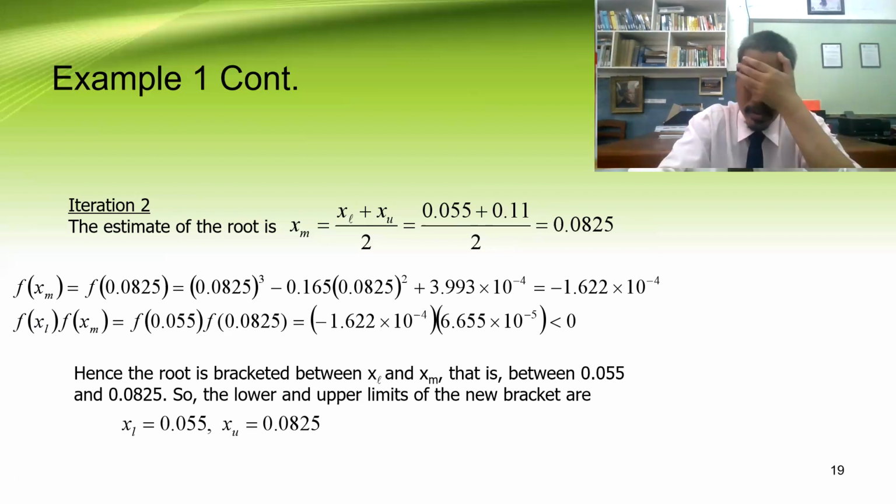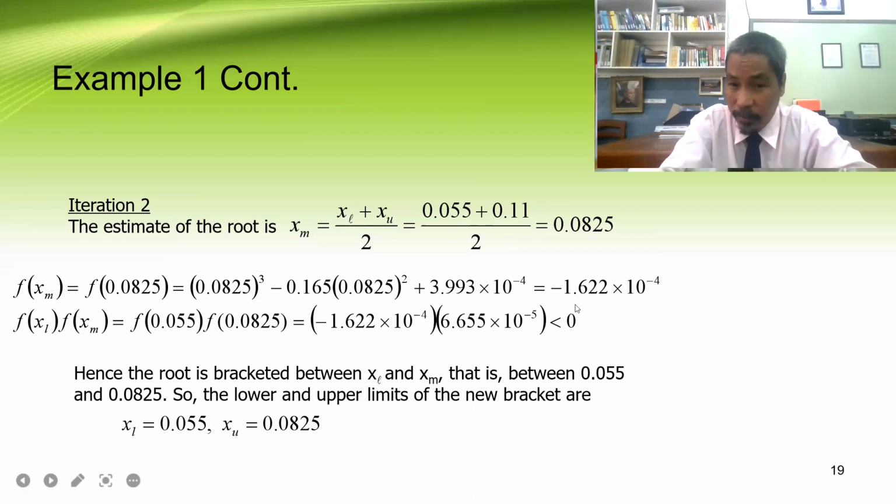So we know that the root is between 0.055 and 0.0825, because if we multiply, it becomes negative. It changes the sign. So we have to replace the value of the new upper limit for xu to be 0.0825. And that happens here. XL retains 0.055, XU changes to 0.0825.